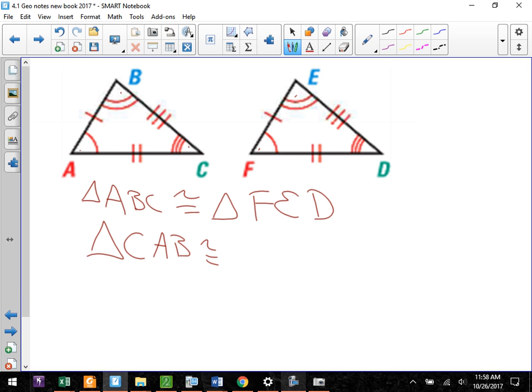I think there's another way of saying tick marks besides congruency marks. Tick marks. Okay. So that would be, what did I say, C, so 3. Okay. Not too scary. Hopefully.